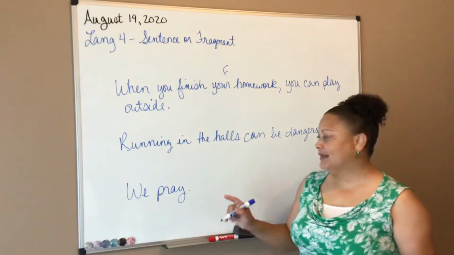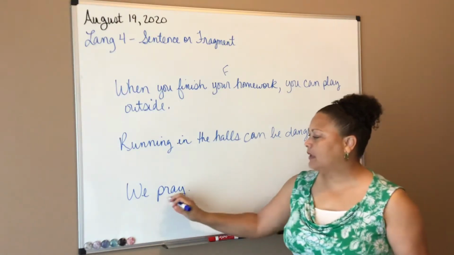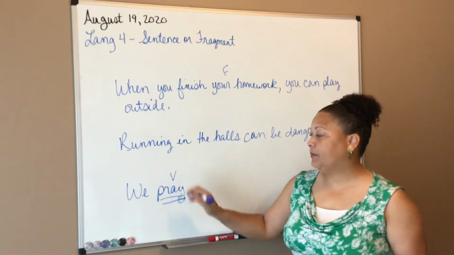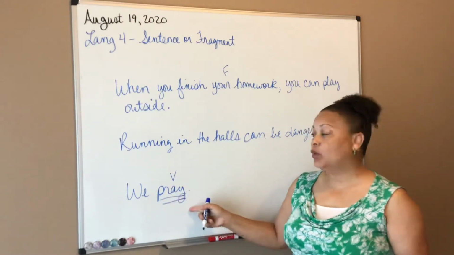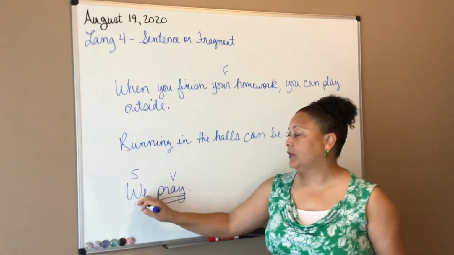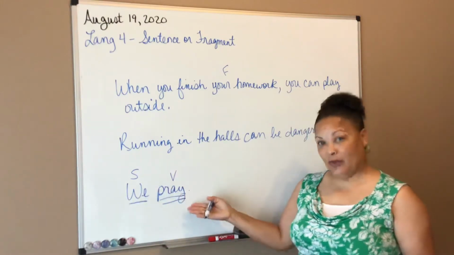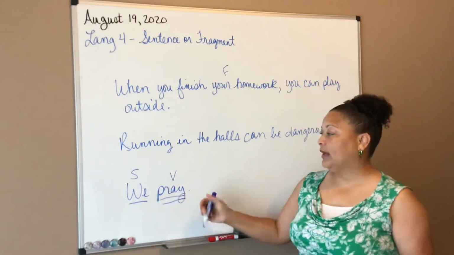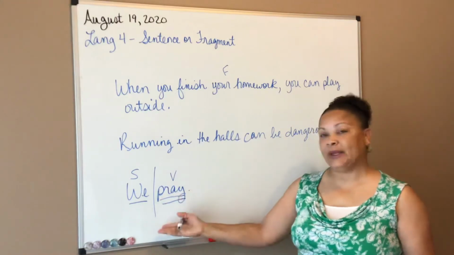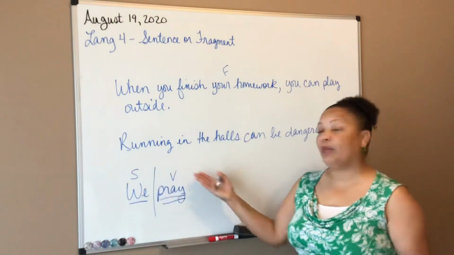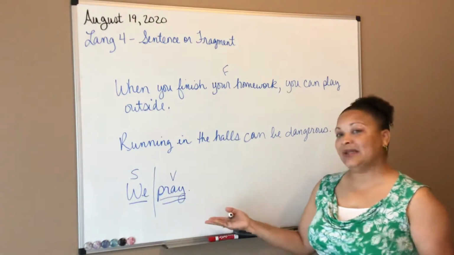This is actually a sentence. Why? Because pray is the verb, right? We tells who prays, so this is a subject. We have a subject and a verb, right? We pray. This is where we would separate our subject part from our predicate part, okay? So it is actually a sentence.